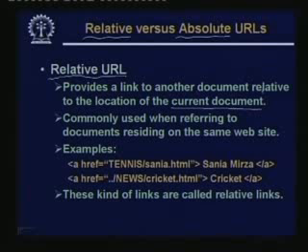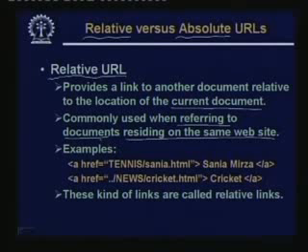Instead of providing the entire path name, you can just mention the path of the resource with respect to the current document. This is commonly used, as I said, when you are referring to documents which reside on the same web server. Here I have given the example of the sun.com site. There are two examples. In the first example, I have a reference to a file called sania.html, and I am not specifying the whole address.